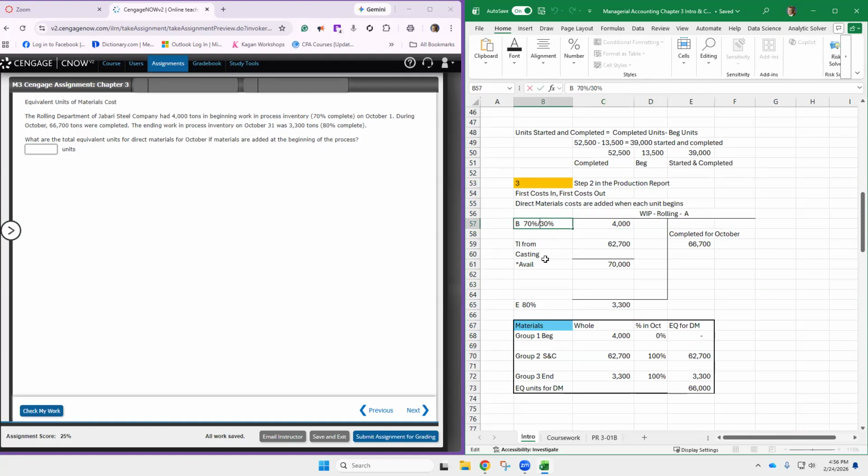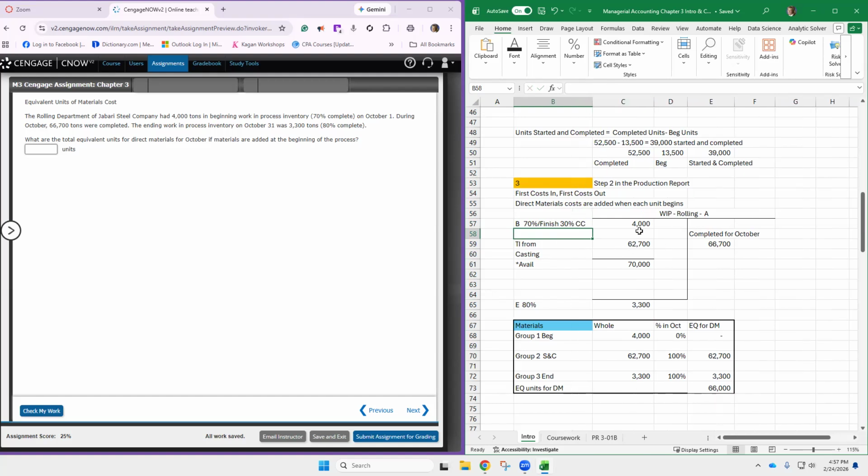So just so you know, finish 30% conversion. If you're already 70% done, then finish 30% conversion costs. I'm going to make this a little bit wider so that we can see it. But we're just talking materials right now.